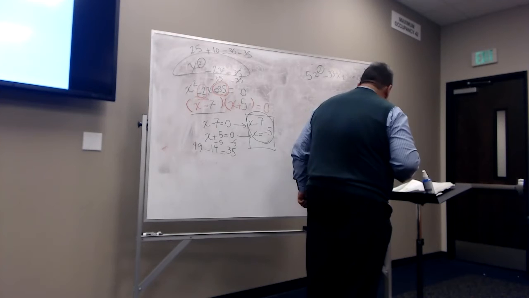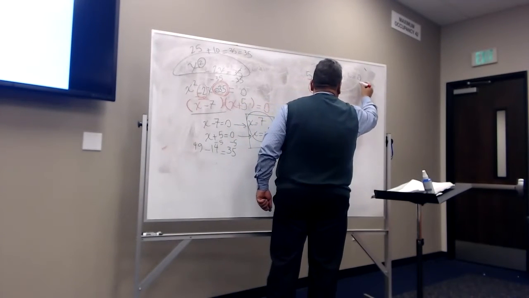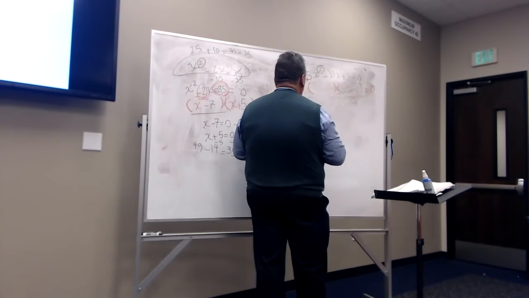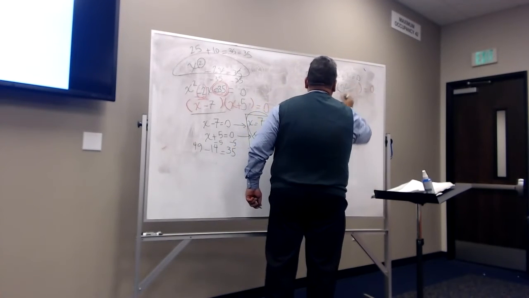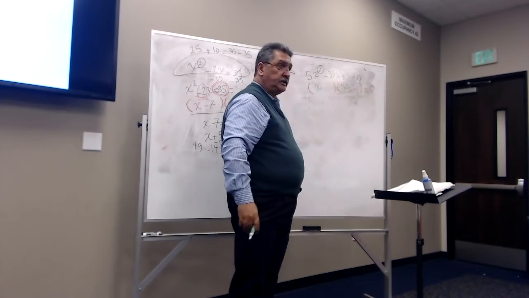You get 2 parentheses equal to 0, with x and x. Now, what should I put for the coefficient?